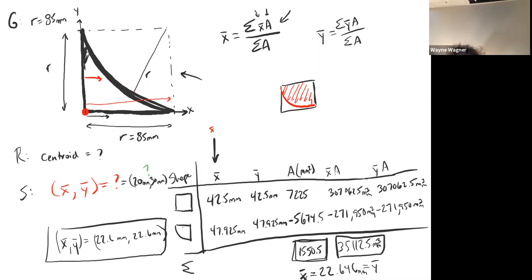Check something real quick. 4r over 3 pi. Let's try that again. 4 times 85 divided by 3 divided by pi equals, whoa, that's interesting. So there's a mathematical error in here somewhere. 48.92, and I got a way different number than that.